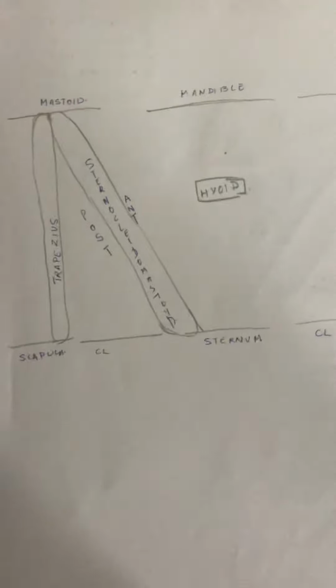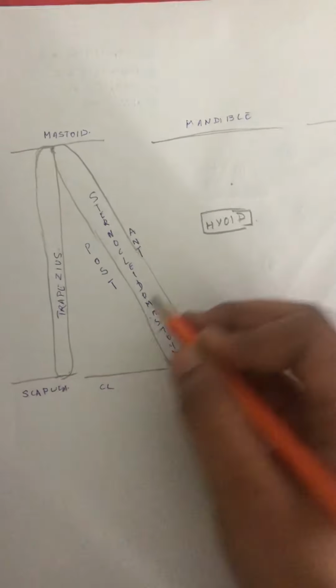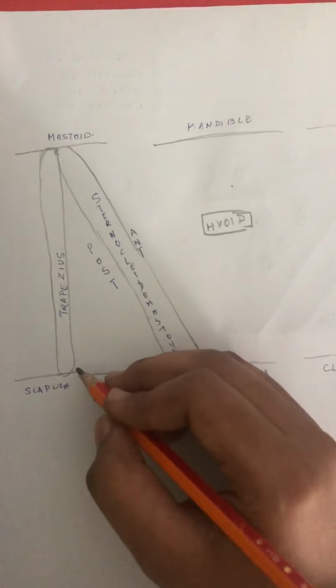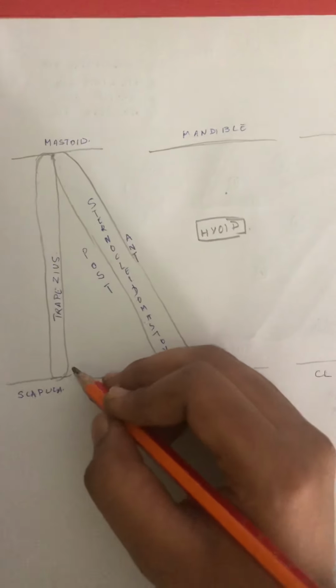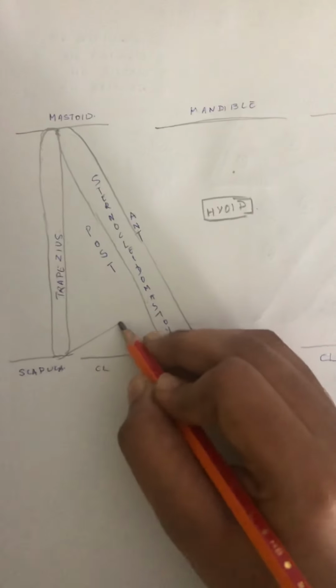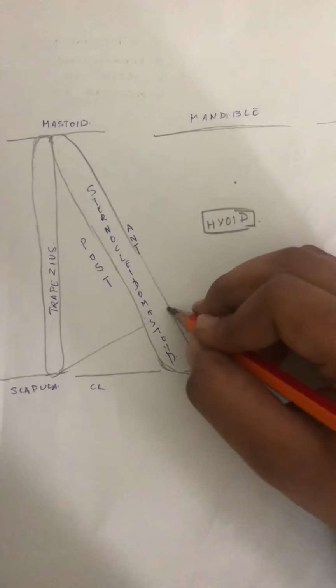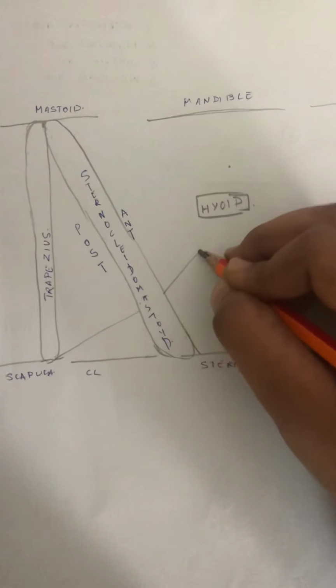Okay. Now we're gonna draw another muscle from the scapula to the hyoid. This muscle is called as omohyoid muscle. So from scapula to the posterior border of sternocleidomastoid, and from the anterior border to the hyoid.